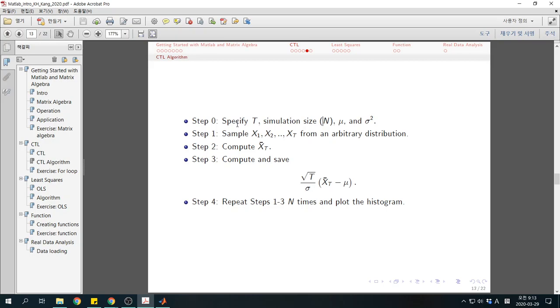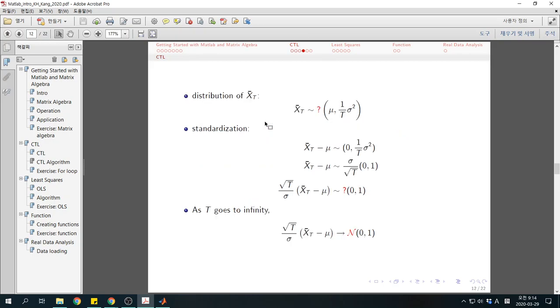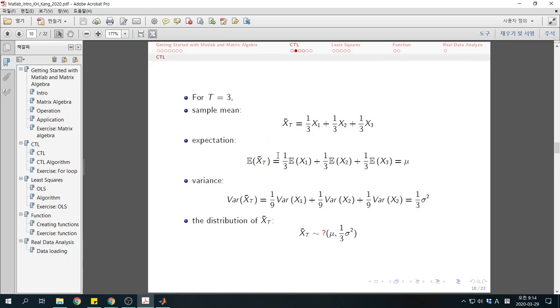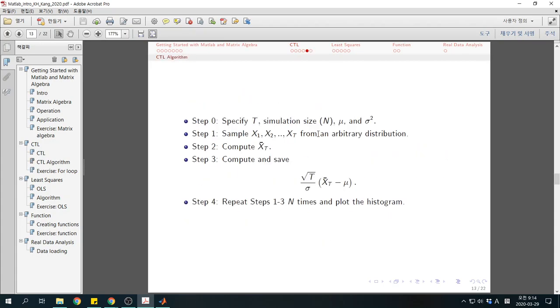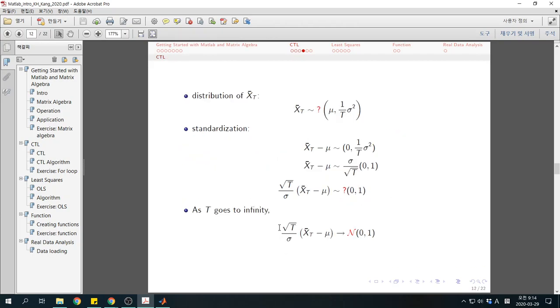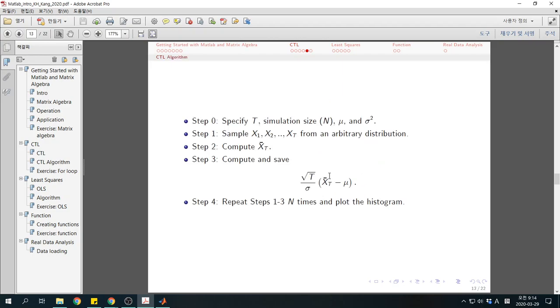We specify the sample size, I mean how many xi's, capital T random variables. Then we know the true mean and true sigma square.